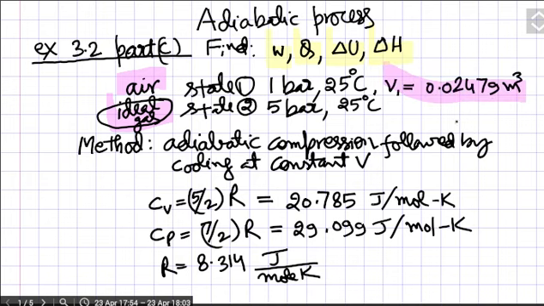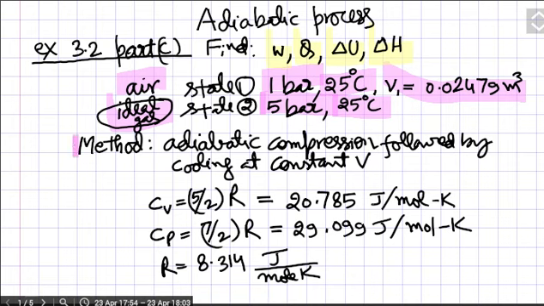After that you have to change its state up to state 2, where the pressure will be 5 bar and the temperature will be 25 degrees centigrade. What it means is that you need to change only the pressure, and you need to maintain the temperature at 25 degrees centigrade constant. You don't need to change the temperature.